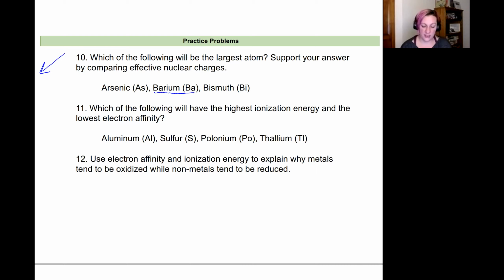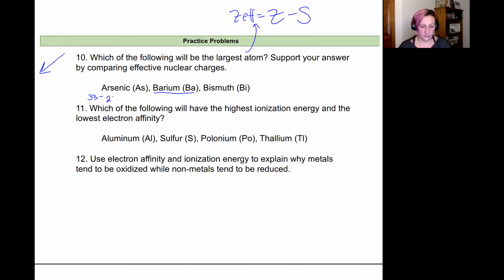Remember, Z effective is equal to the atomic number minus the number of core electrons. So for arsenic, arsenic is in row 4. It has 33 total electrons, and 28 core electrons.